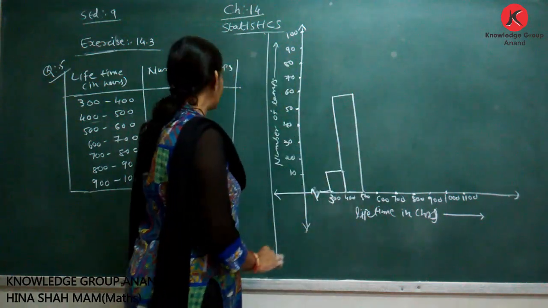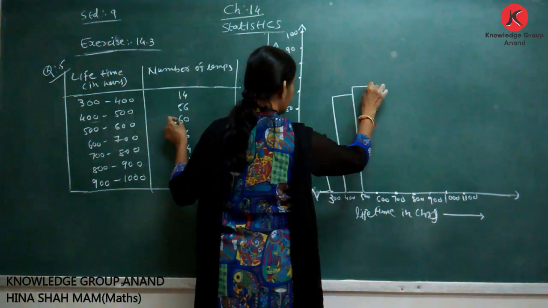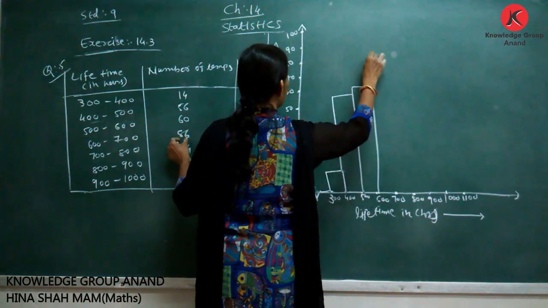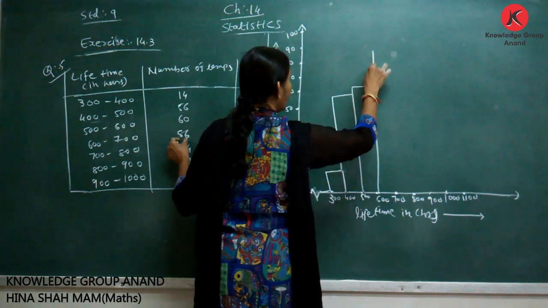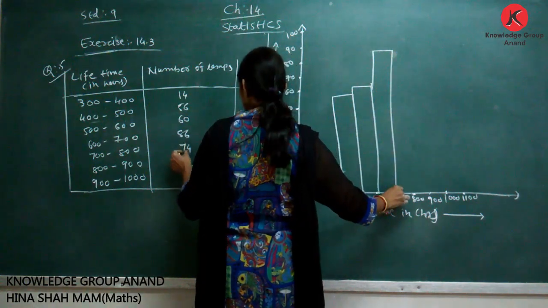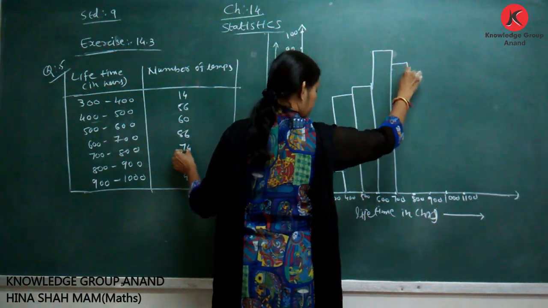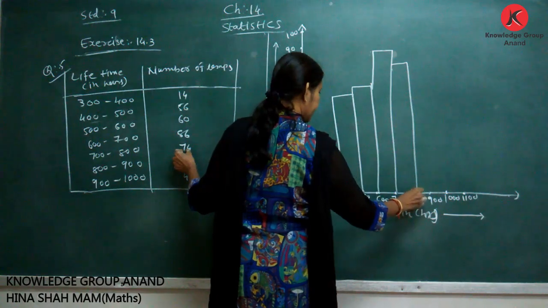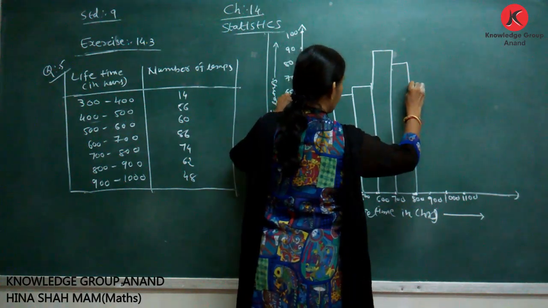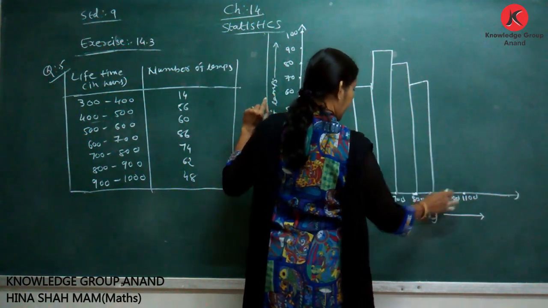Then 60, then 86, 80, 85 and 86, then 74, then 62 and 48.